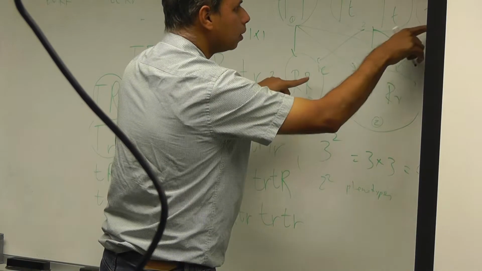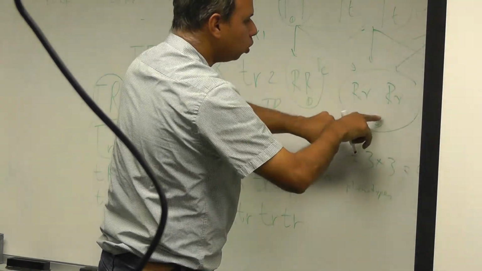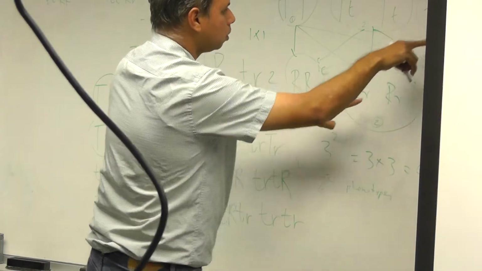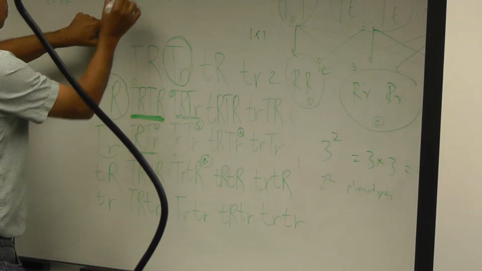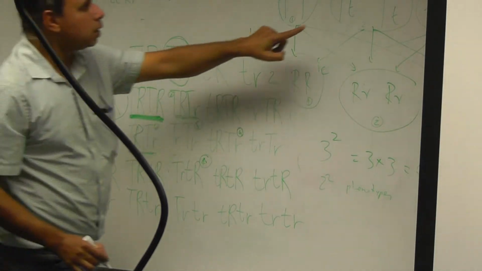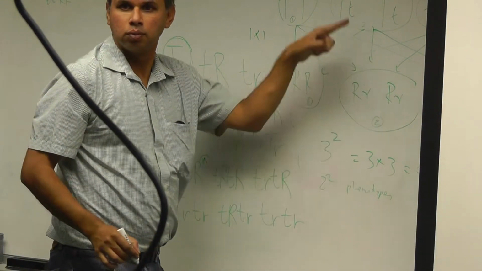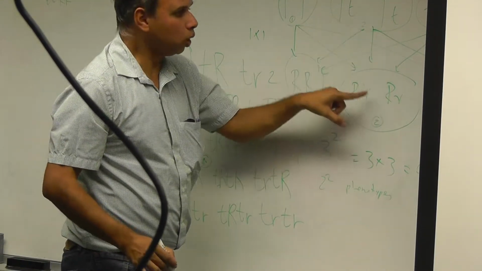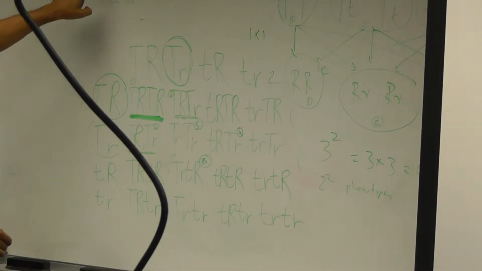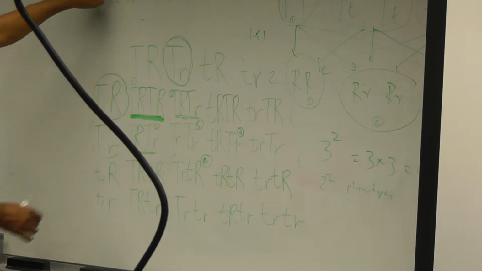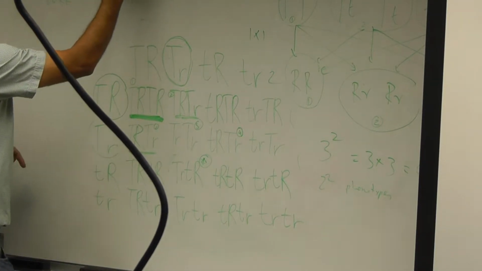Everybody see that? This one with this, but there will be 2 of these, right? The small TRR, there will be 2 of these, right? And then this one, how many will be there? 4, because there are 2 and 2, right? See? This one, this will be 4.